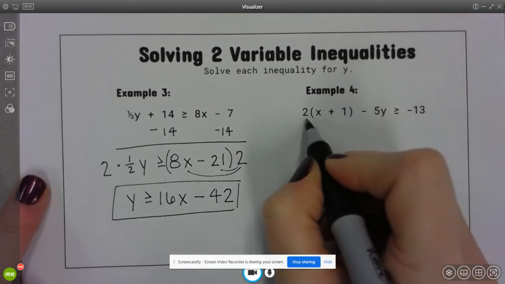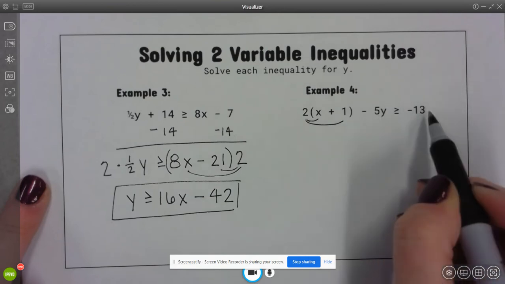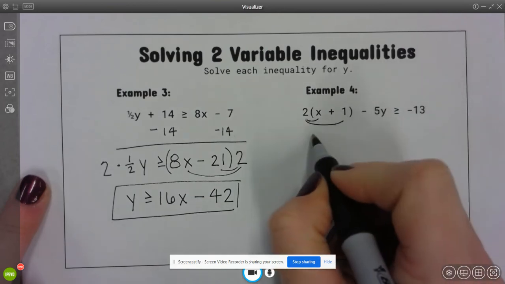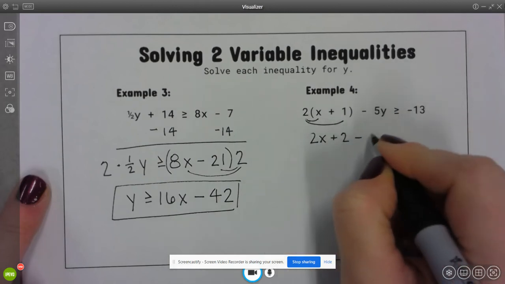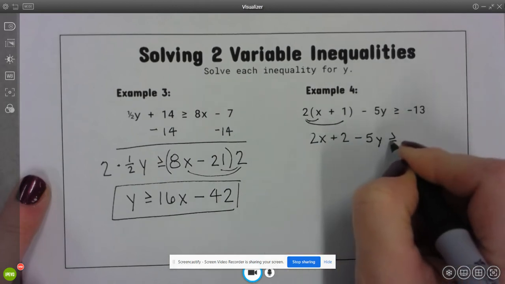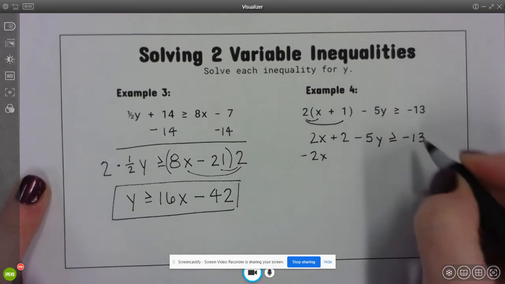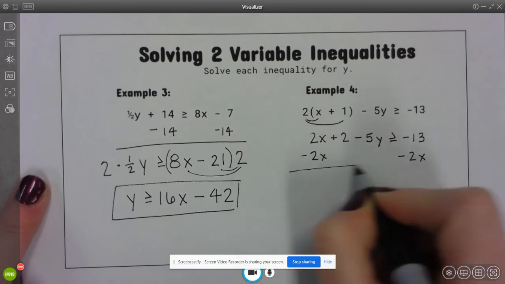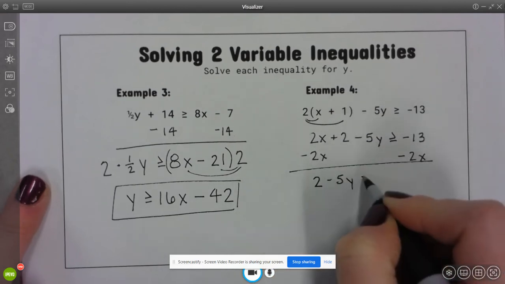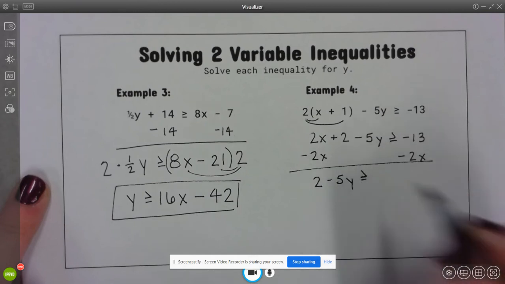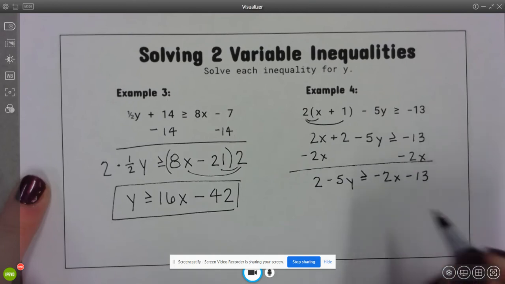For this one, I would distribute the 2 first because these are not evenly divisible by 2. So I'm going to have 2x plus 2 minus 5y greater than or equal to negative 13. Subtracting 2x. 2 minus 5y, greater than or equal to negative 2x minus 13.